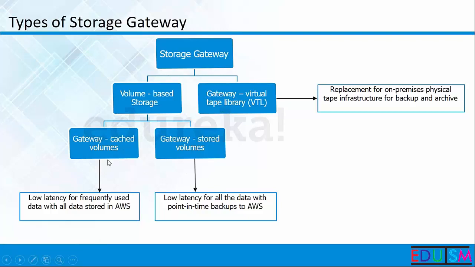So with cached volumes, we go with the frequently used data, and with gateway stored volumes, we go with the entire data. The virtual tape library is quite slow. It is the replacement of your physical tape infrastructure and backup in the cloud.